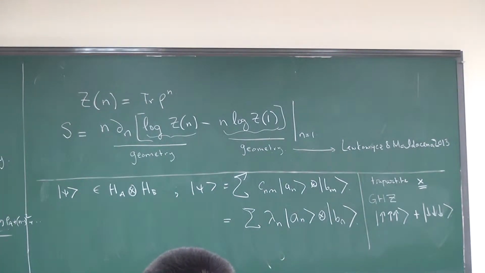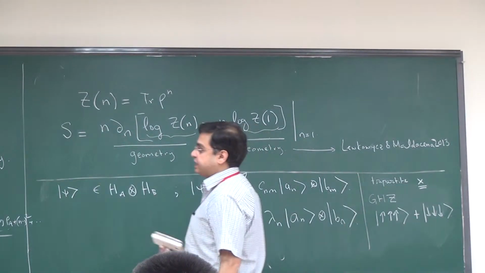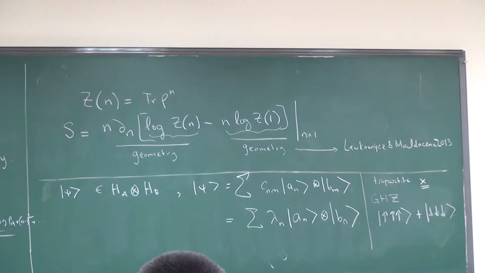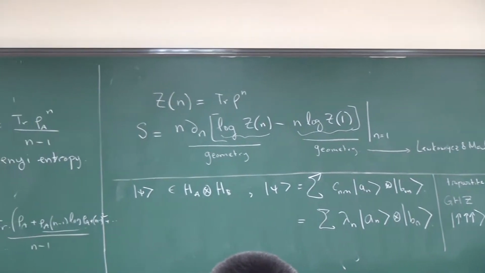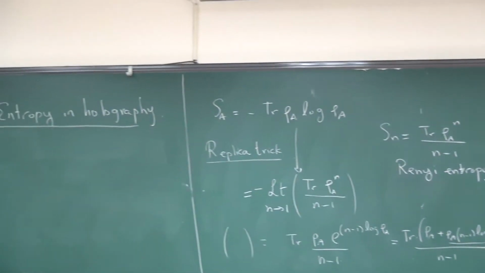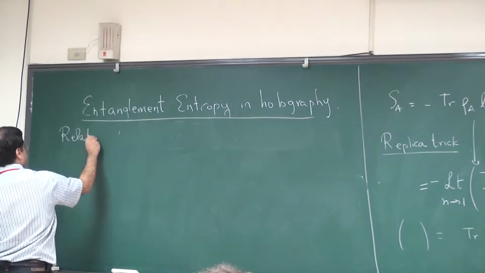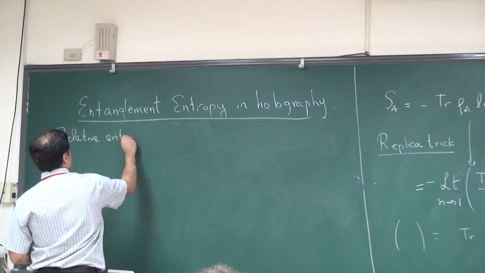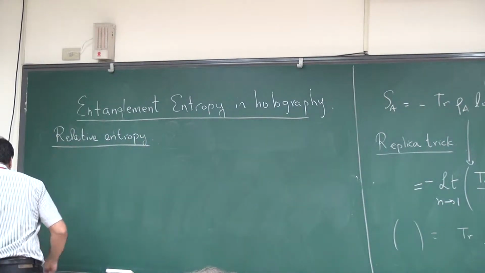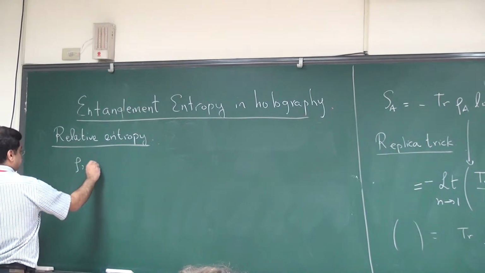Okay. So with this basic, let me tell you a very key theorem in quantum information about relative entropy, and I'll prove that theorem. I hope this will be useful for the students. So let me tell you what relative entropy is. In order to define relative entropy, I need two states, call them rho and sigma.